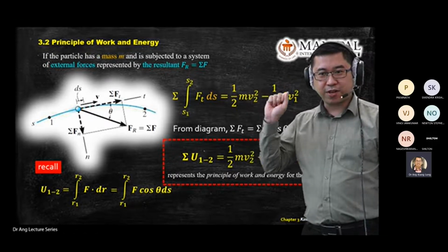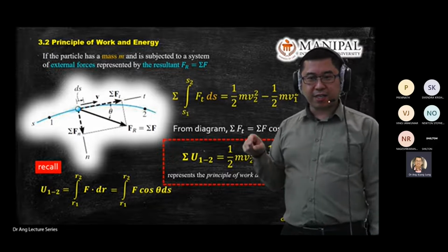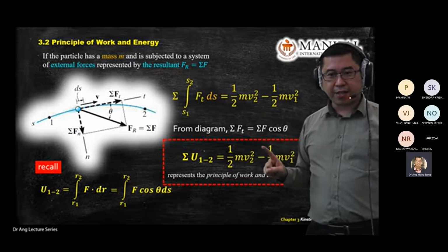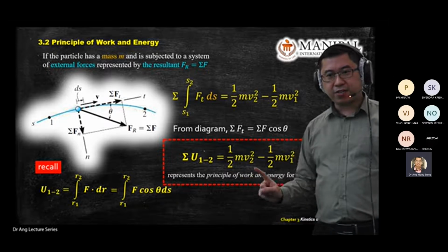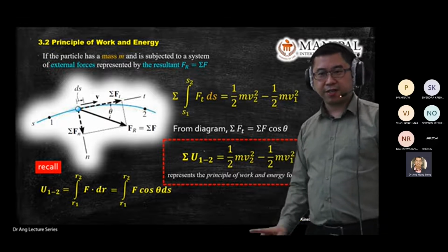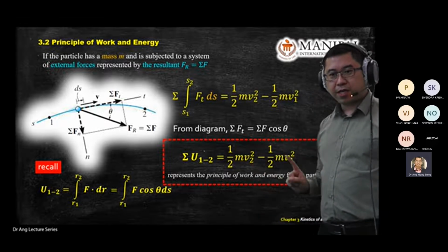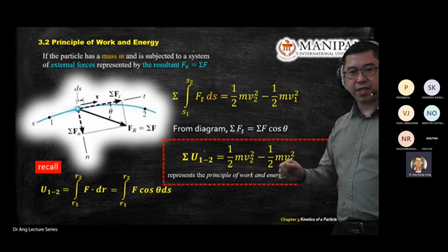Spring energy, and so on. But the main ones you learn in statics are kinetic energy and potential energy. So you see the form of kinetic energy over here. 1 over 2 mv squared is kinetic energy. Point 2 minus point 1 means you take the kinetic energy at point 2 minus kinetic energy at point 1.